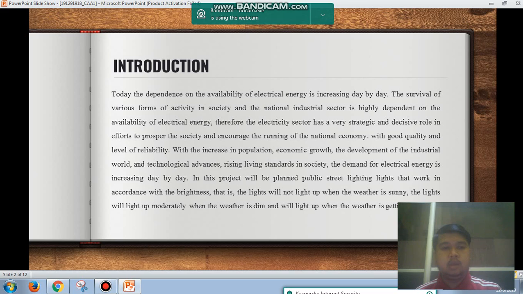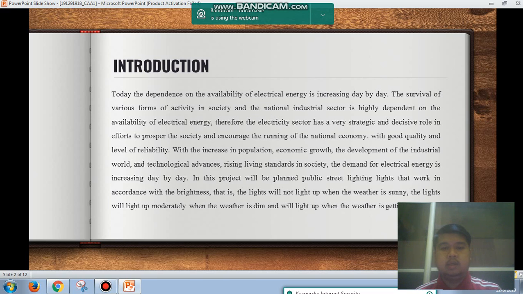Introduction. Today, the dependence on the availability of electrical energy is increasing day by day. The survival of various forms of activity in society and the national industrial sector is highly dependent on the availability of electrical energy.